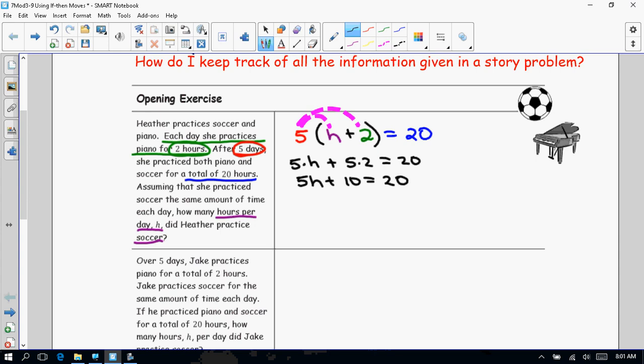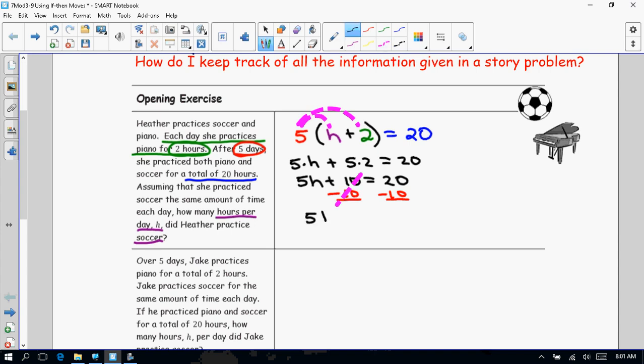I would like to get the numbers all to one side, so I'm going to subtract 10 from both sides, and by subtracting 10 from both sides, I've kept everything equal. It's all balanced. I can use that if-then move. Those 2 cancel out and become a 0. That's what I'm looking for.